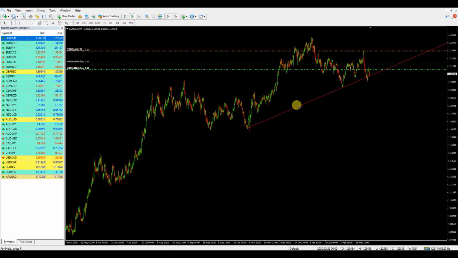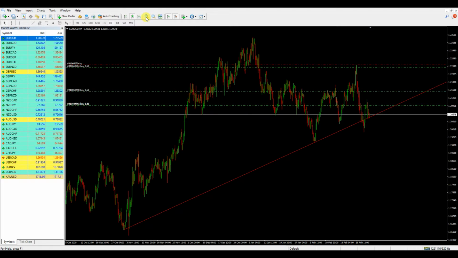Okay, so we have to make one thumb rule in our mind: there has to be at least 3 or 4 touch points. The more touch points you get, the more perfect your trend line has been drawn. So this is one of the trend lines. This is one of the touch points. We will consider this a fake breakout because the market moved up.